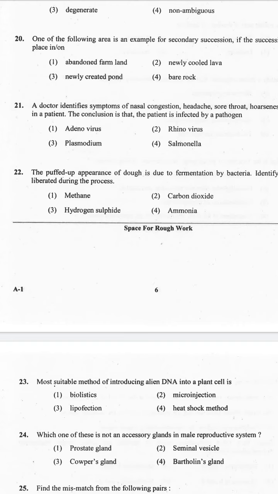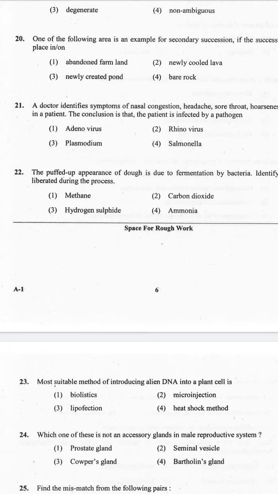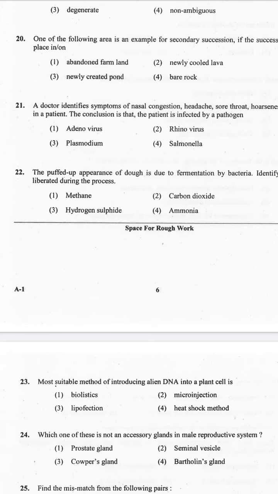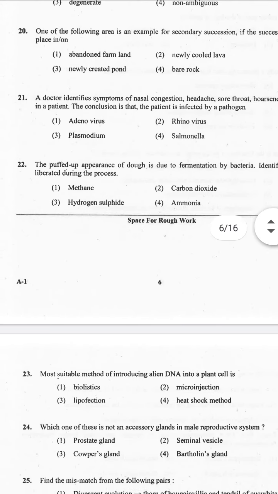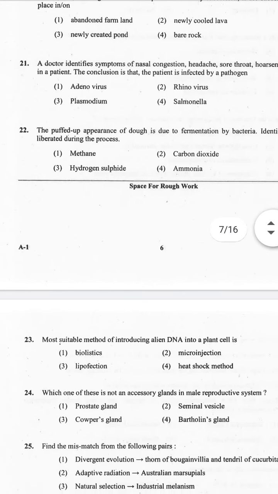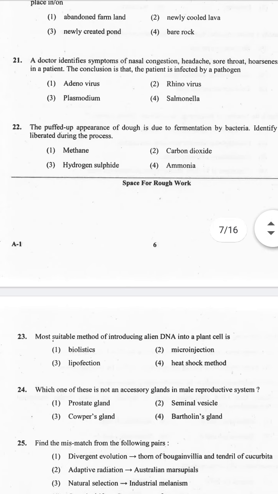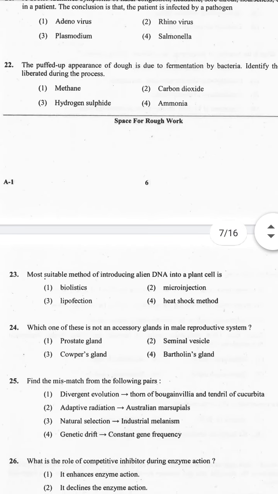Rhinoviruses are a group of viruses that can infect the membranes of the respiratory tract, eyes, intestines, urinary tract, and nervous system. Rhinoviruses cause upper respiratory tract infections. Understand?